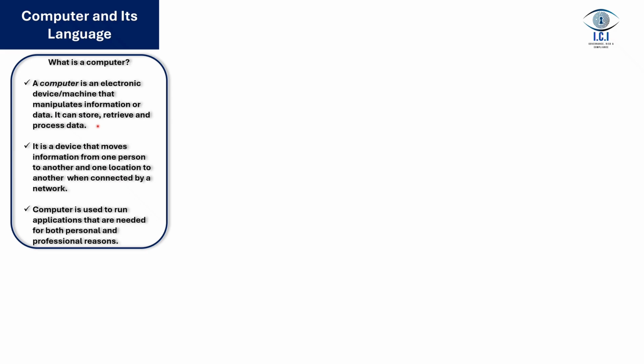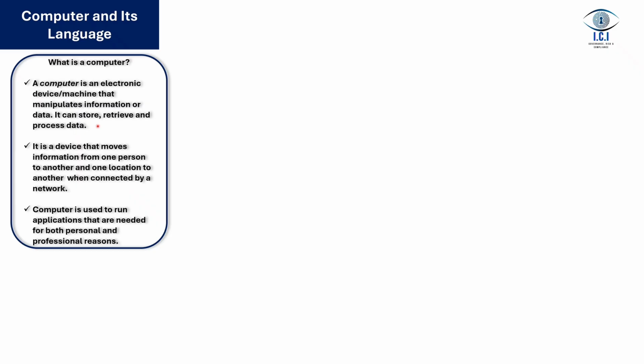We can also see that when a computer is connected to a network, it can transfer information from one place to another and from one person to another. This is derived from the definition we gave of information technology, which is also the transfer of information from one place to another.